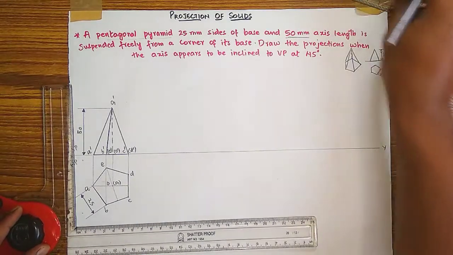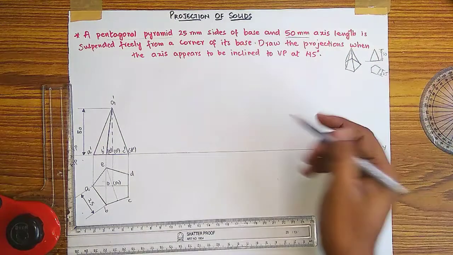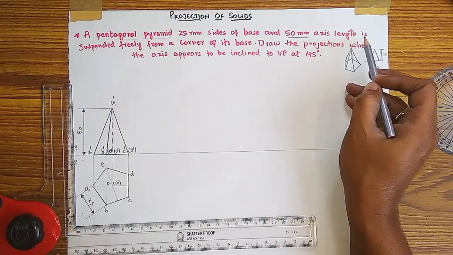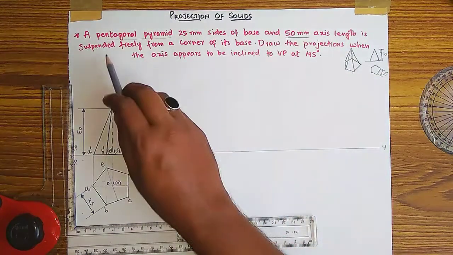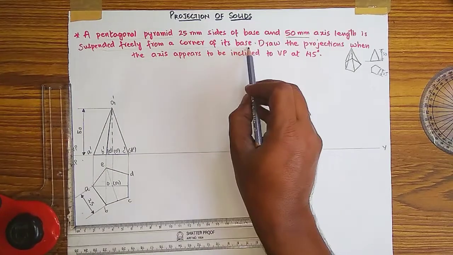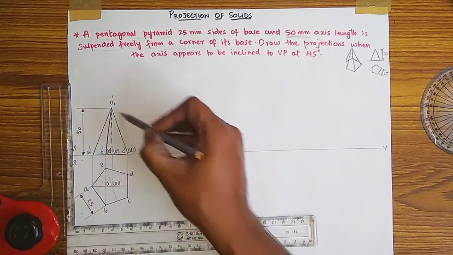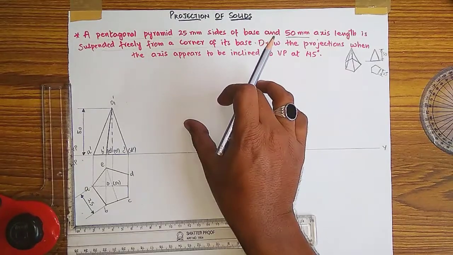So now for the second projection, in the question it says the axis is suspended freely from a corner of its base. Suspended freely from a corner of its base means this pyramid is suspended freely here.